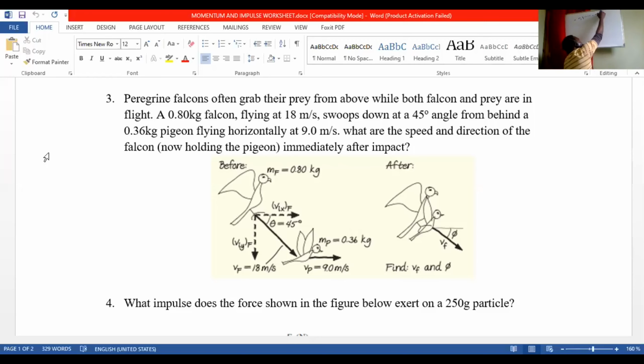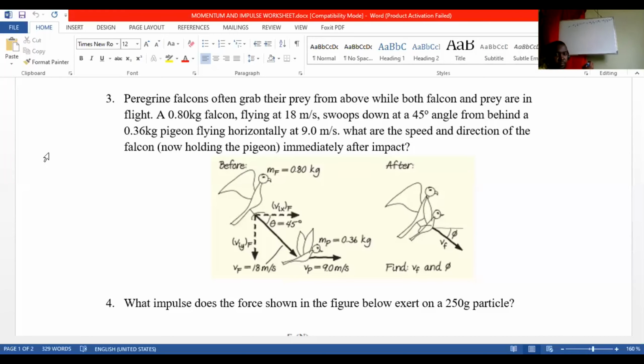That equals the momentum after, which is both being added, MF plus MP, times V common F cos the angle. So we get that for x.